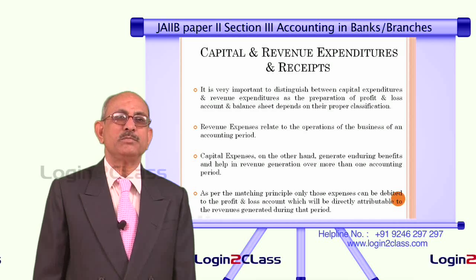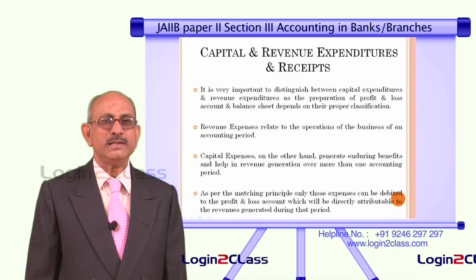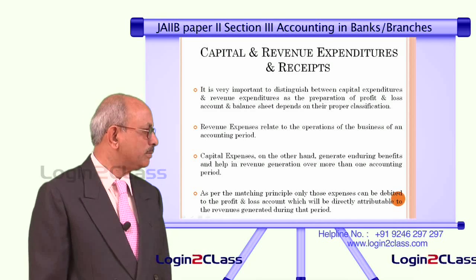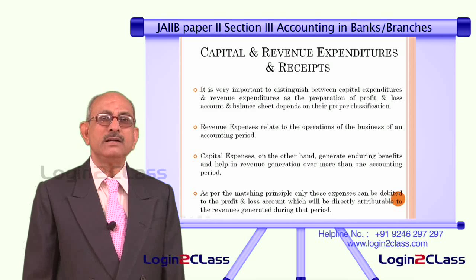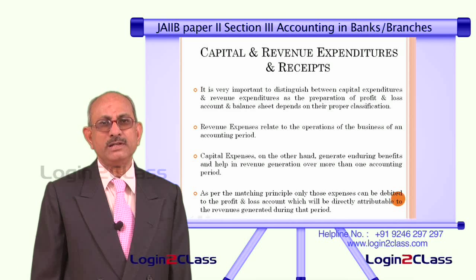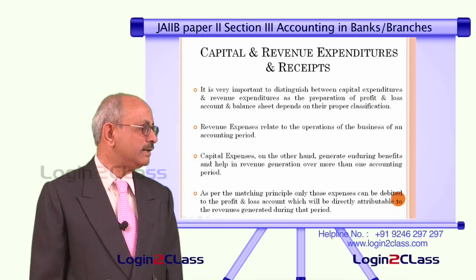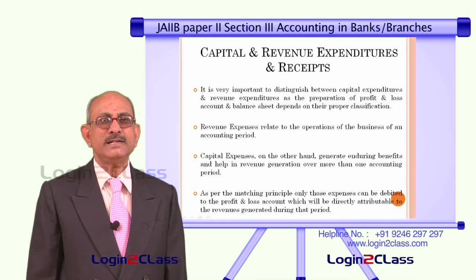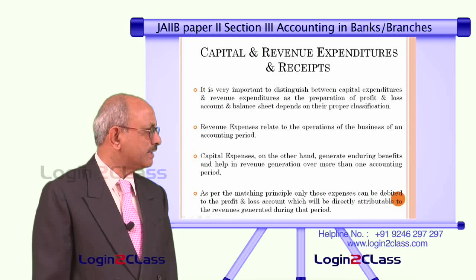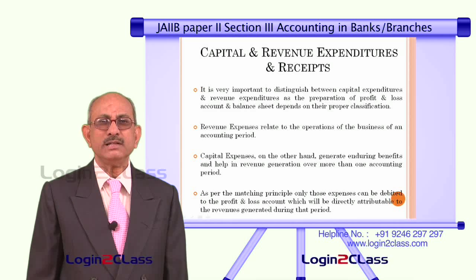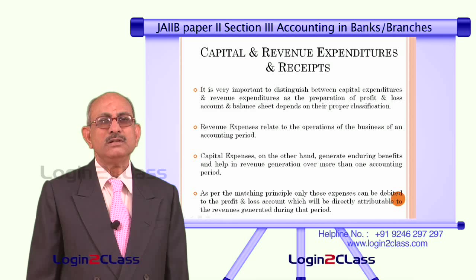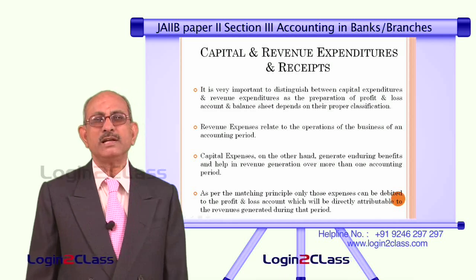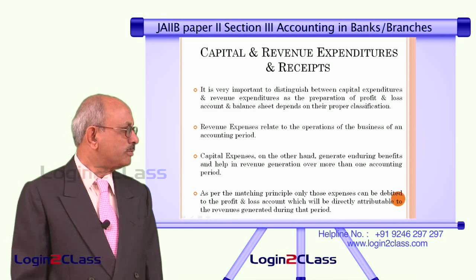As per the matching principle, we have to allocate only that expenditure which relates to that particular accounting period. So in the case of a capital expenditure, only what can be attributed to that particular period can be taken. That is what we do when we calculate depreciation. Depreciation is treated as that part of the capital expenditure relating to the machinery which will be attributable to the income generation of a particular accounting period. So that only can be taken as the revenue expenditure.